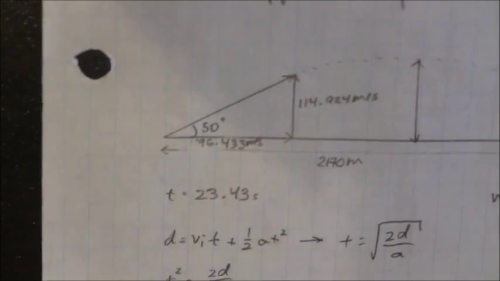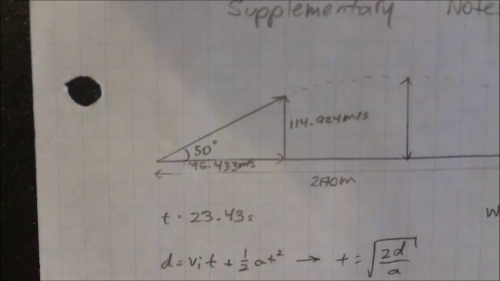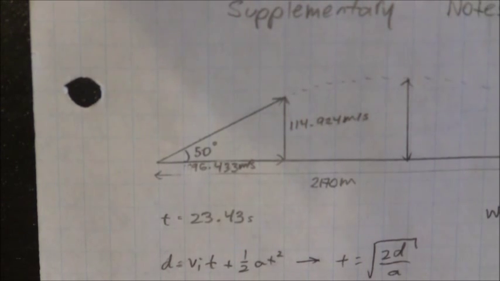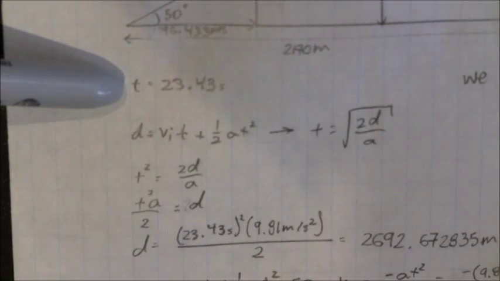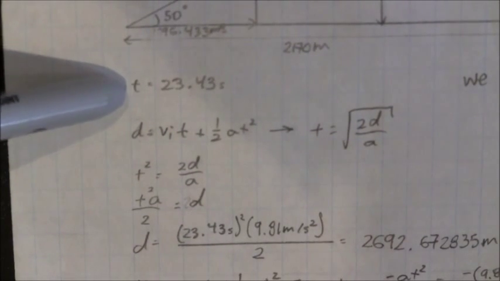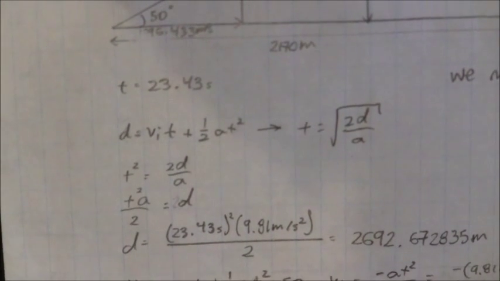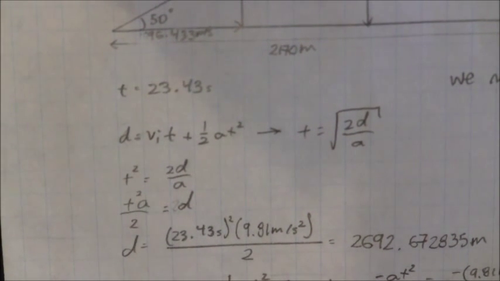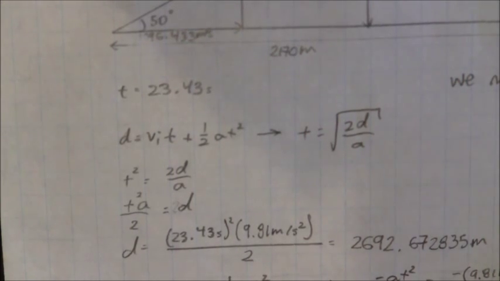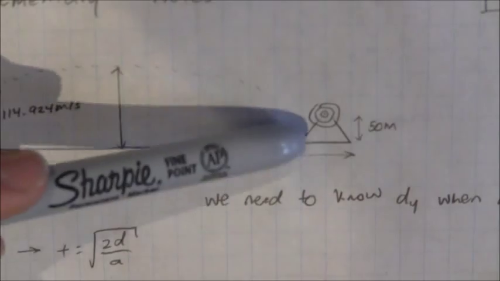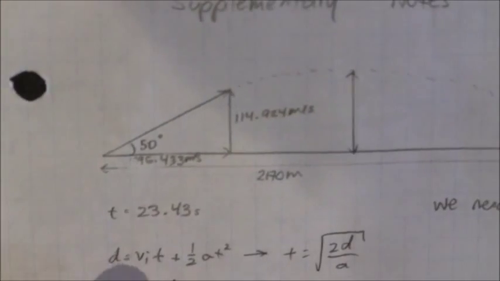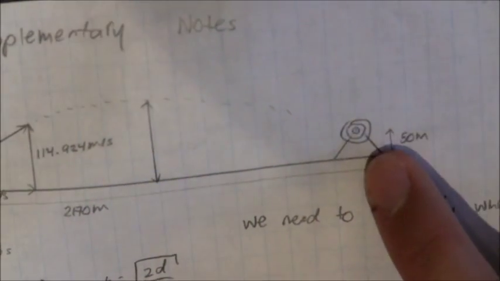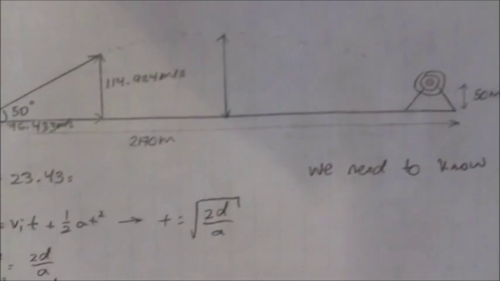What we want to do here is track the x and y positions at a certain point in time. And my notes are horrible on this, so I'll just explain it the best I can. I already calculated time. That's 23.43 seconds it's in the air. Now, what we need to do is we need to know the vertical displacement when our horizontal displacement is the length it is away from here and here, which in this case is 2,170 meters.